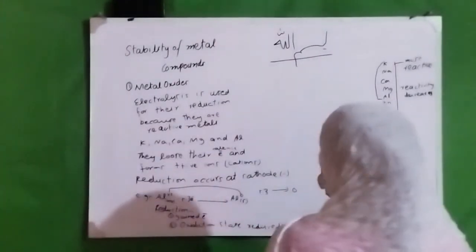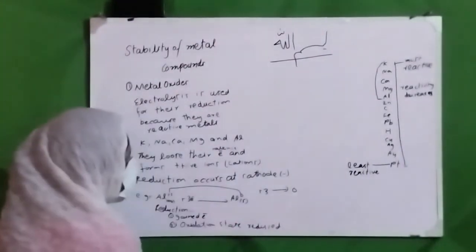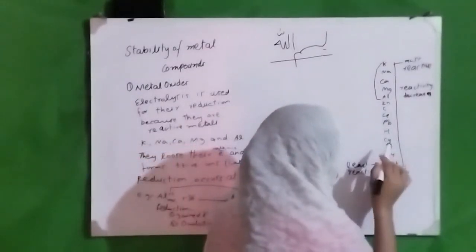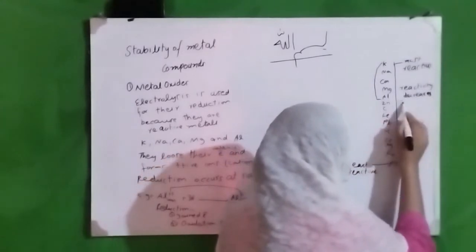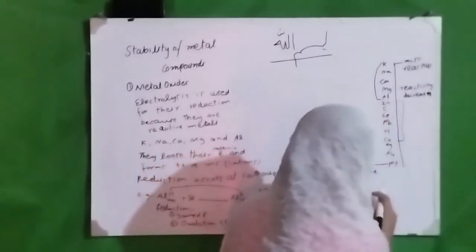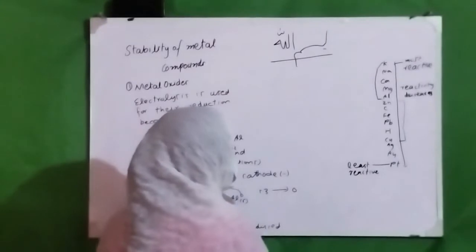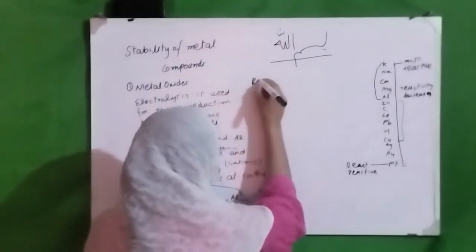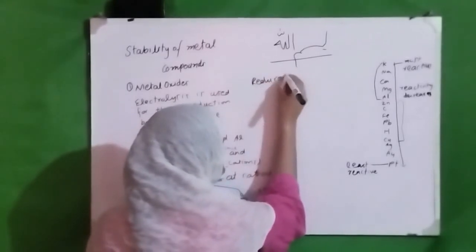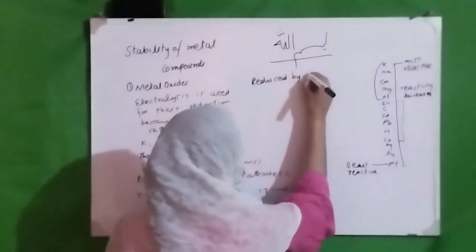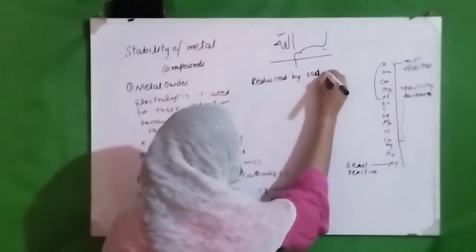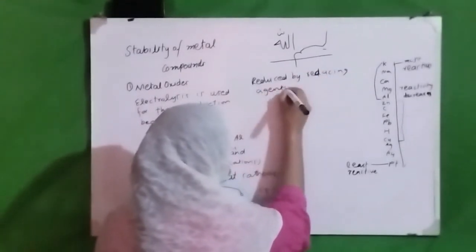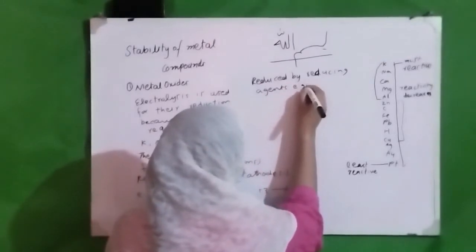So let's talk about the next metal group, from zinc to copper. These metals are reduced by reducing agents like carbon and hydrogen.